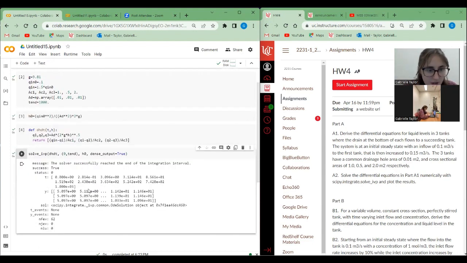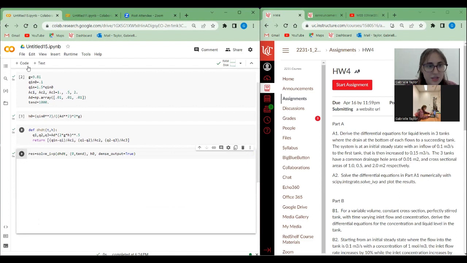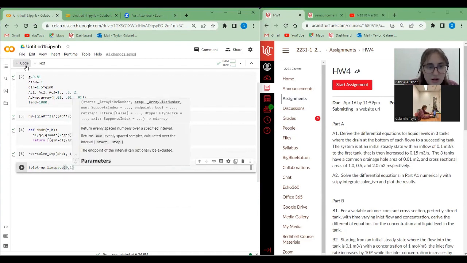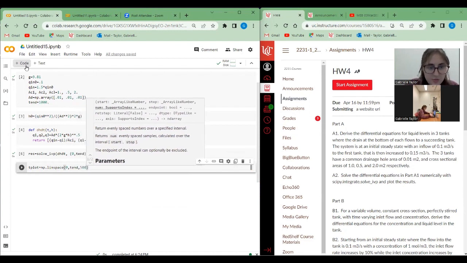So let's see what it says. Okay, it says to specify SciPy integrate. So this means that we can change the times that we want, so let's put resolution here. The next thing that we need is our x-axis, which is going to be our time. So t-plot, the time that we're going to plot, is going to be an np.linspace from 0 to Tn, with 500 points.